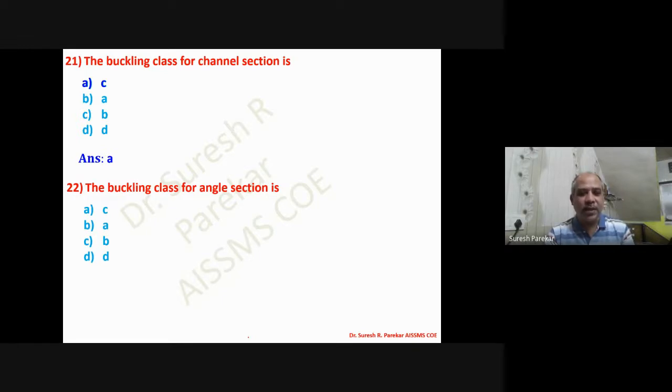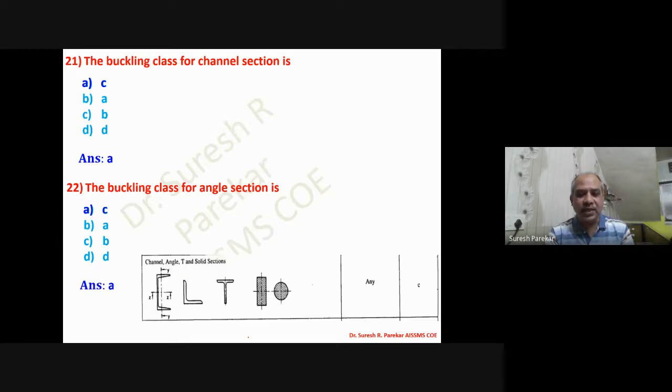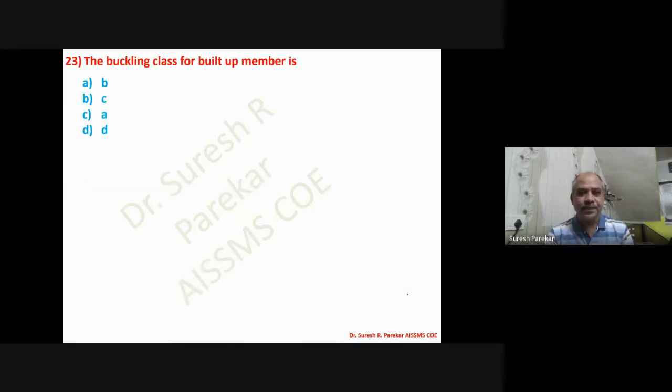I have just mentioned, so for this also the answer is C. You can have this in Table 10. If you go to Table 10, for all these rolled sections we have C. Only I section we have A or B, depending upon your thickness, width, depth, and so on.